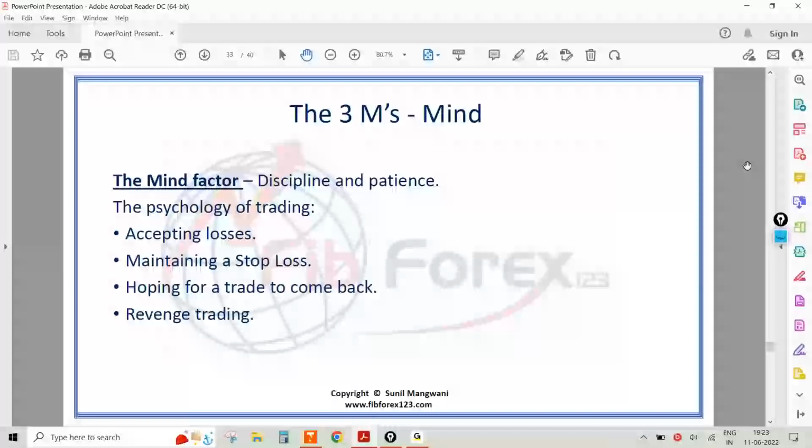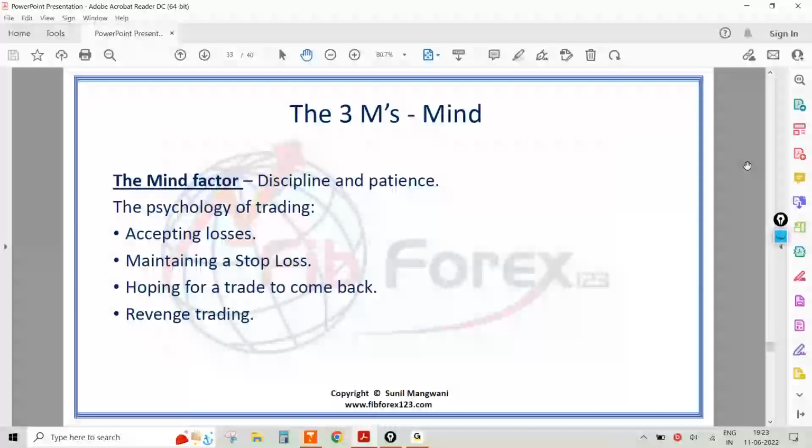So the mind factor is a skill which has to be developed like your technical analysis skill. And this comes from experience, nothing else. It's what I call the school of hard knocks. You have to take losses, understand it, see where you're going wrong, and get yourself prepared: this is where I'm going wrong, I am not going to do this from next time onwards. It's human nature. You will keep doing it.